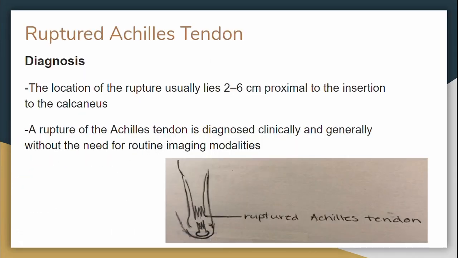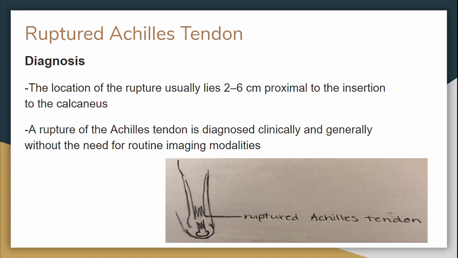A ruptured Achilles tendon is the effect of fibers ripped apart, therefore an incomplete contraction of the tendon occurs. This may give the appearance of a drop foot.